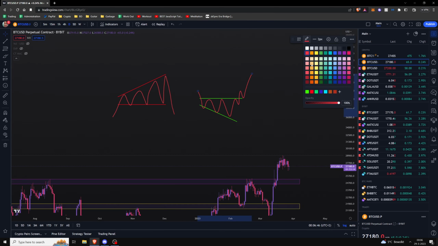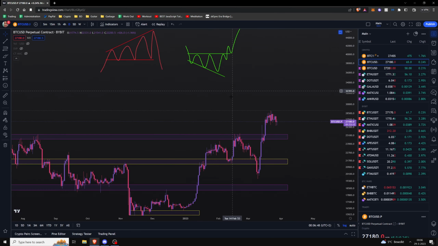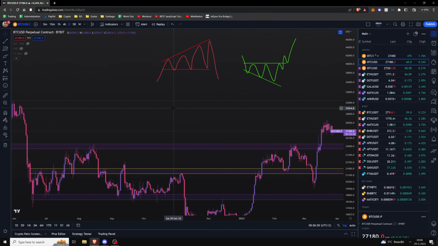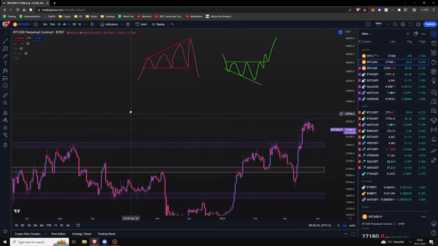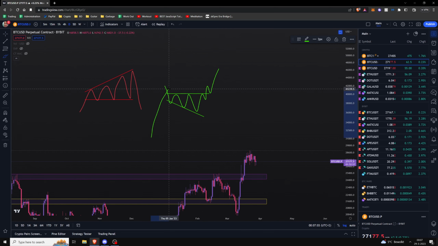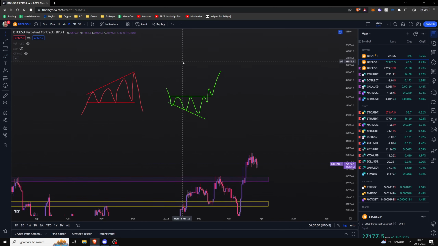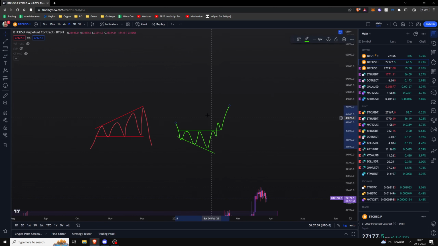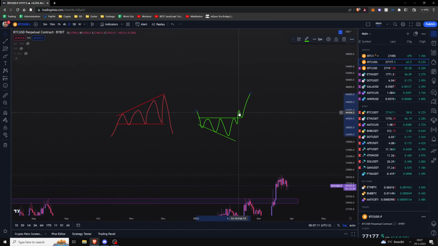On the ascending or descending ones, you might see those at the top as a continuation, but these are purely bottoming or topping patterns for me. If we get a big move up, like if we were to do this and then get this, I wouldn't care as much for it. But those are really my main bottoming patterns.